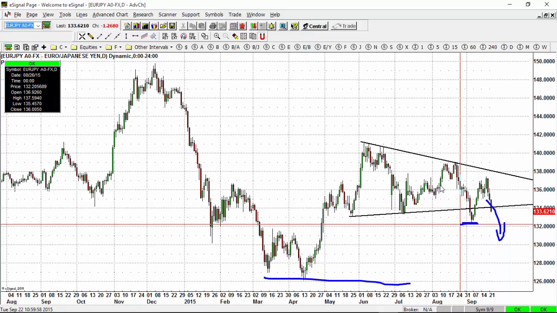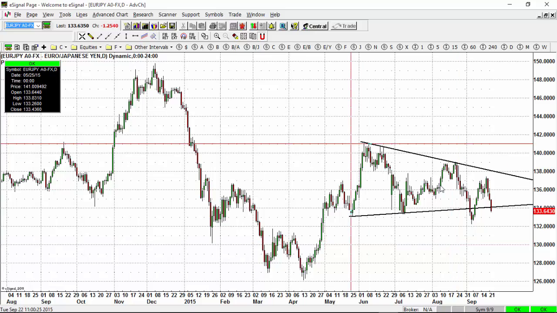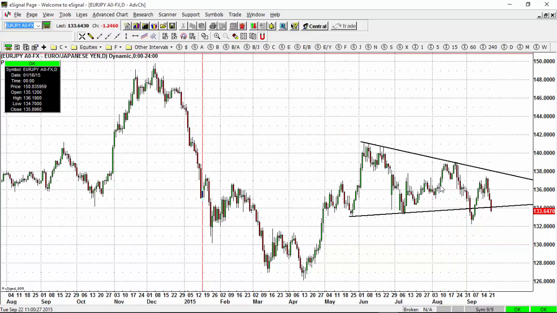And ultimately, if we do close below 132, we could get a move down to 126. The market is currently at 133.62, and 133 down to 126 is over 700 pips. So we could see a 700 pip move down in the euro versus the Japanese yen.